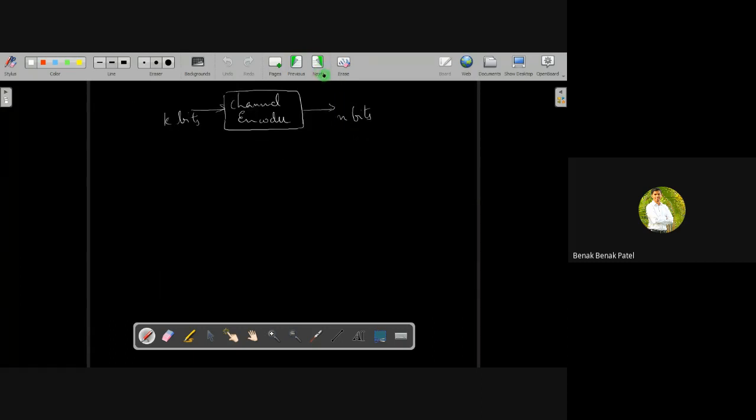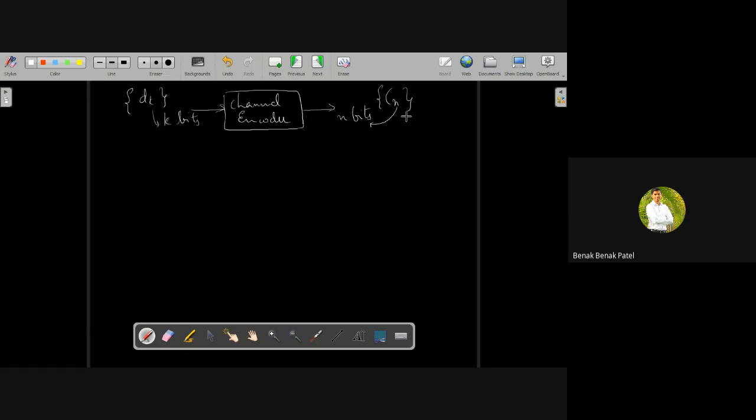I can mathematically rewrite it. I can denote these k message bits as d subscript k, and whatever output I'm getting, I can represent as c subscript n, such that this n represents the number of bits. Here I had k input bits, so the subscript is k.